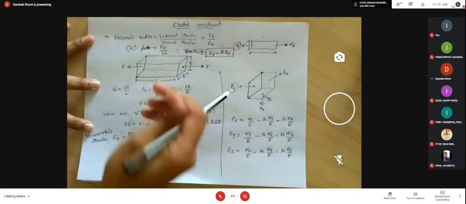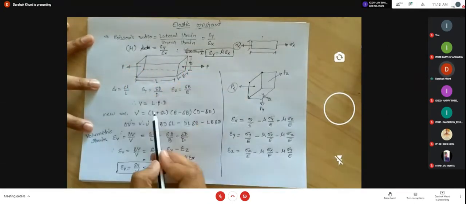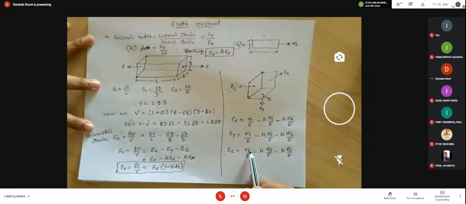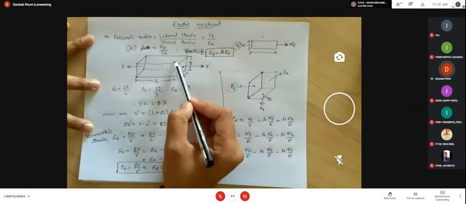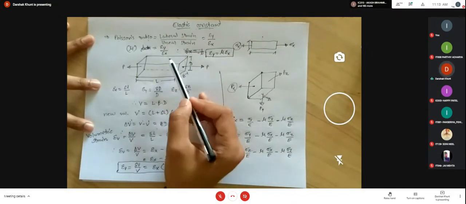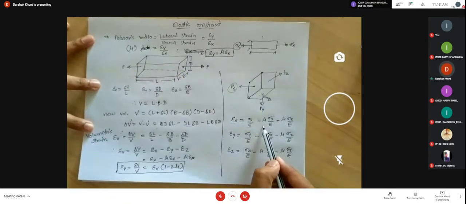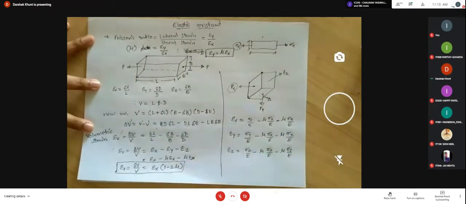So if you find only the effect of a single direction force, forces acting in y or z directions have also produced an effect in the longitudinal direction. So that is the effect of all three directions in a single direction.